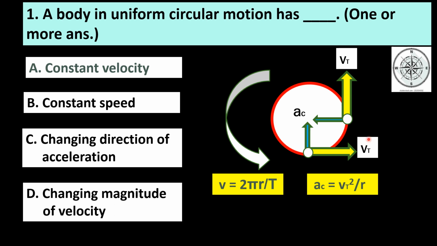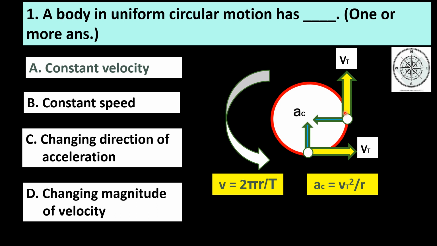Now, may I go back to what I was about to tell you? What is the connection or relation between tangential velocity and the acceleration a_c? Even if the tangential speed or tangential velocity is constant, the fact that there is a changing direction means that the body is accelerated.